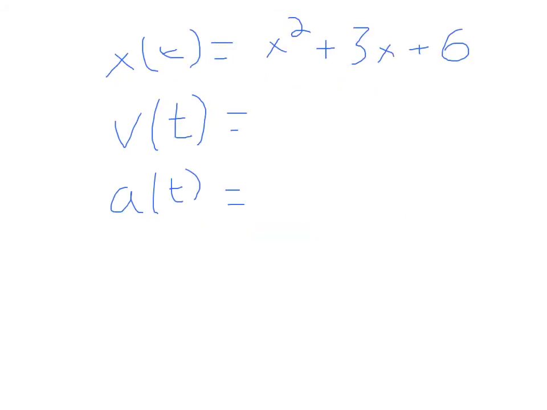When I viewed the test, I saw at least 3 problems that had to do with particle motion, and with particle motion, I think one of the most important things to know is that the derivative of the position graph, or the position equation, is equal to velocity, and the derivative of the velocity graph is the acceleration.